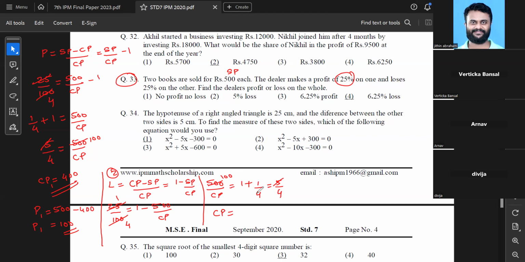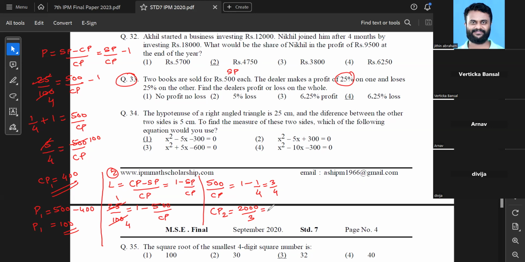Oh sorry, this should have been my mistake. This should have been minus, because this is plus 1 by 4. When I take it to the other side, it becomes minus 1 by 4. That gives me 3 by 4 over here. And that gives me the cost price for the second product to be 500 into 4 divided by 3. 500 into 4 is 2000 divided by 3.